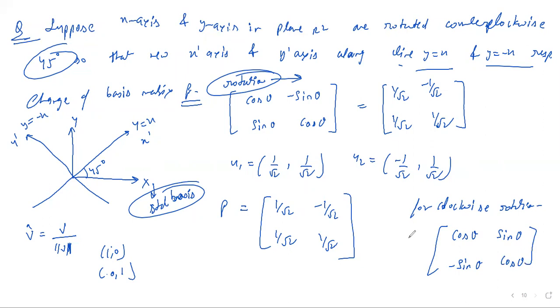For clockwise rotation the matrix would be like this, and for counterclockwise it would be like the earlier one. So this is all about the change of basis matrix. Okay, thank you.